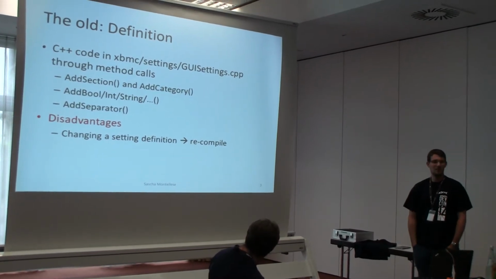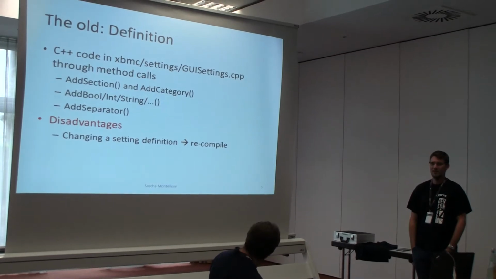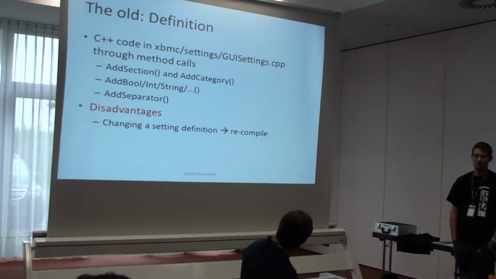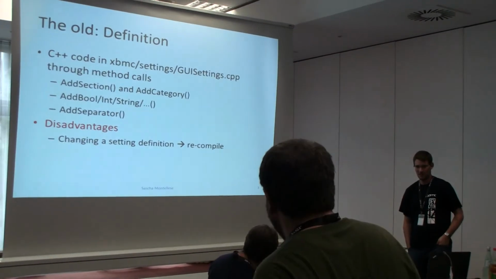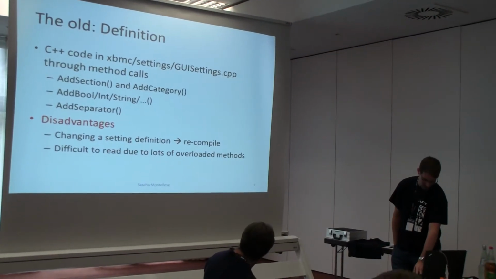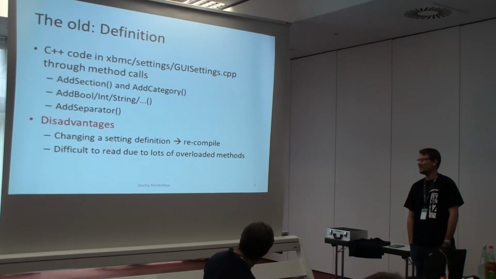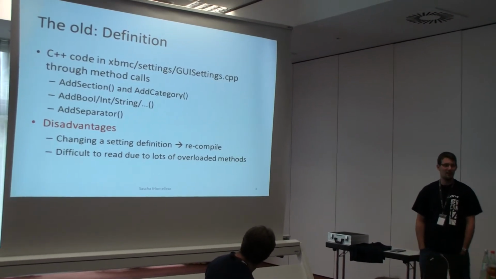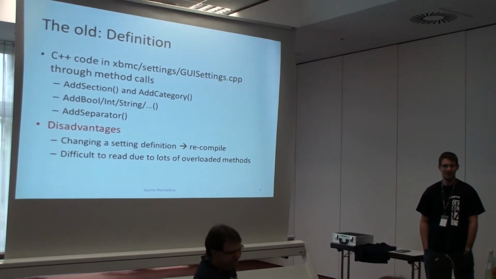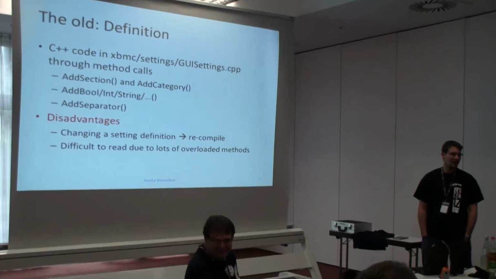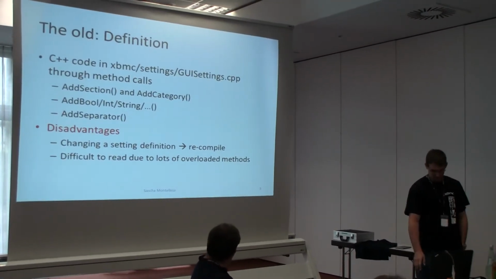Well, one of the problems is that you change a setting, you have to recompile the whole thing. You just change the range from 1 to 50 to 1 to 100, and you have to recompile XBMC just because you had to adjust something. It's pretty difficult to read these add bool, add int, because for add string, I think there were like 10 overloaded methods, and finding the right one or seeing which one is used wasn't always easy.